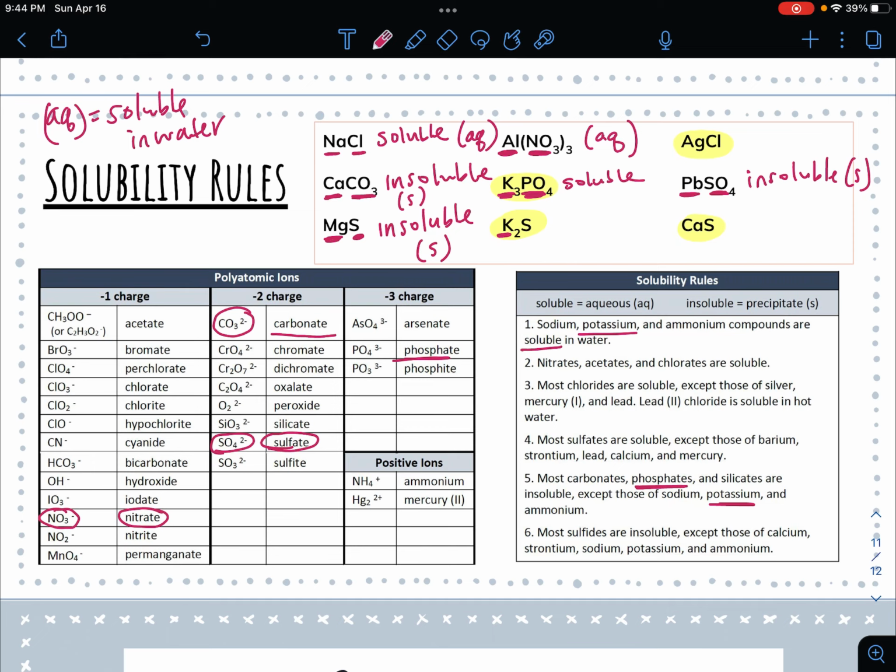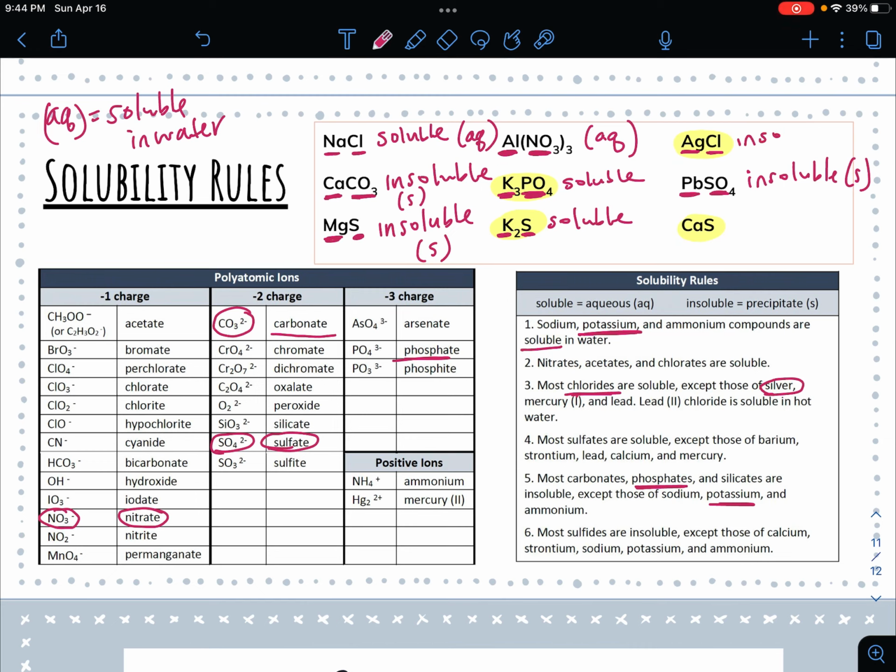Here we have another, potassium sulfide. So again, we said potassium is always soluble, so we'll use that. Here we have silver chloride. So let's find our chlorides. It says they are soluble except silver. So silver is one of our exceptions.